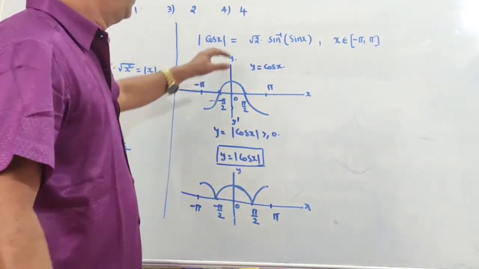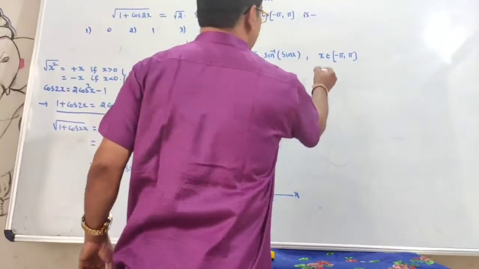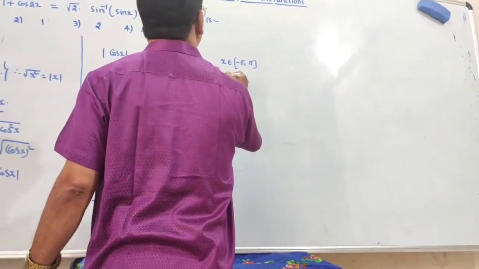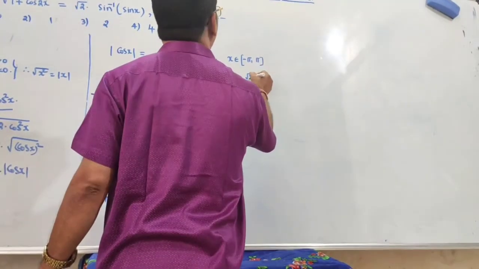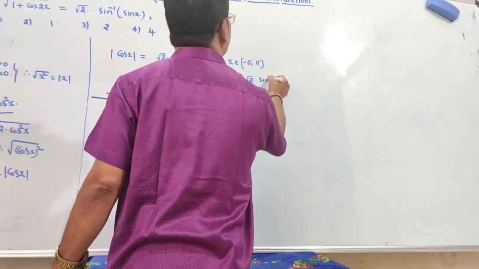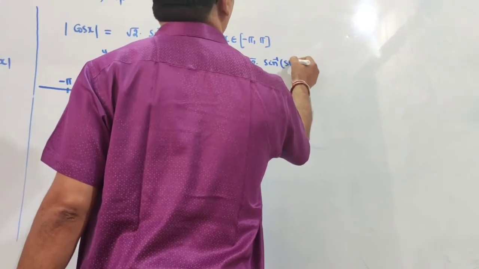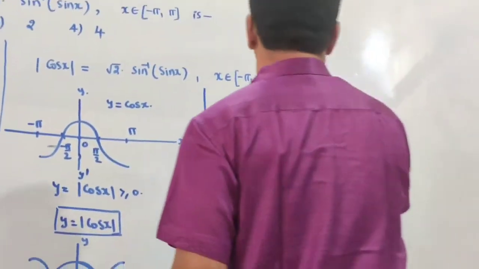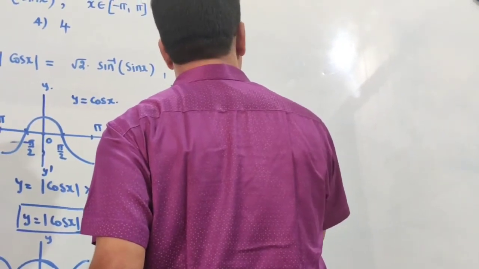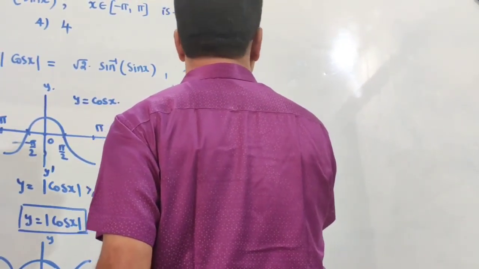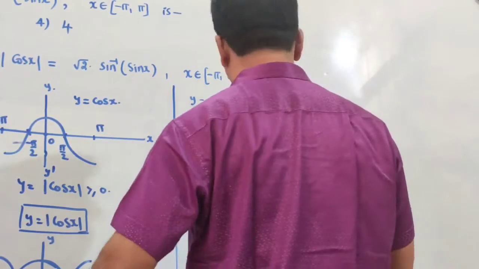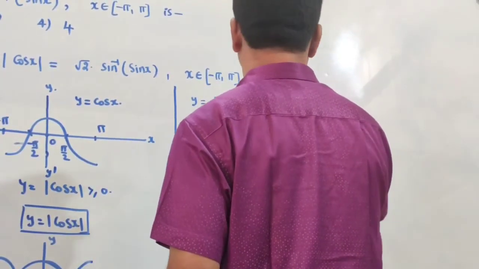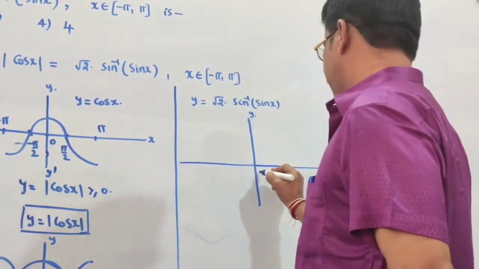Later I will show the RHS part. Please look at the board. Now y equal to root 2 into sin inverse of sin x. X axis, y axis.